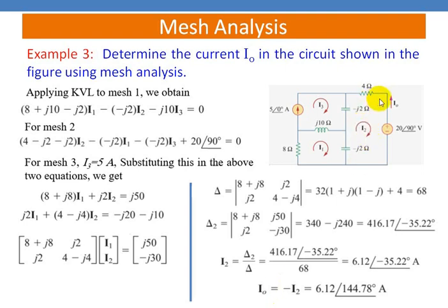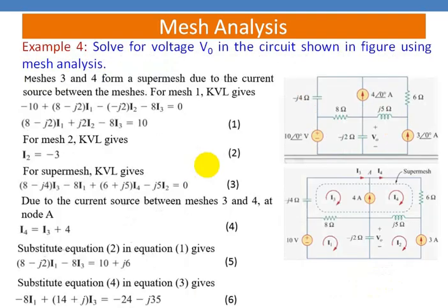I2 is flowing from top to bottom, whereas I0 is flowing from bottom to top. So these two directions are opposite. Therefore, I0 will be equal to minus I2. So you will get the current as 6.12 at an angle 144.78 degrees. Next problem.